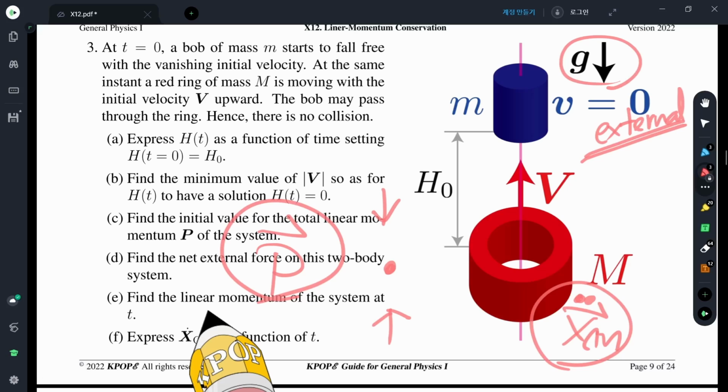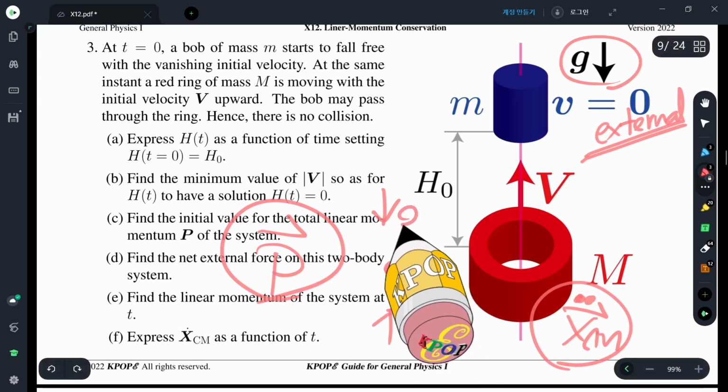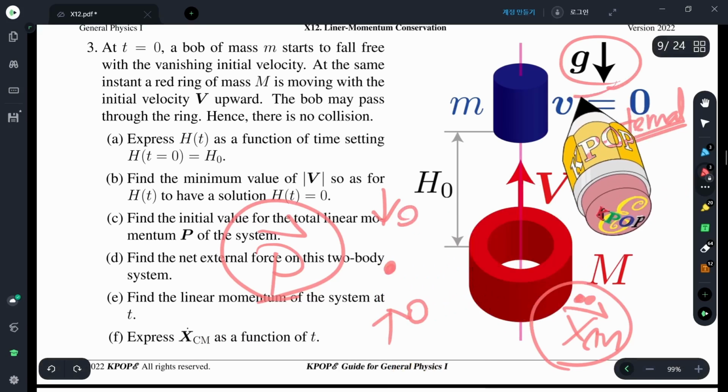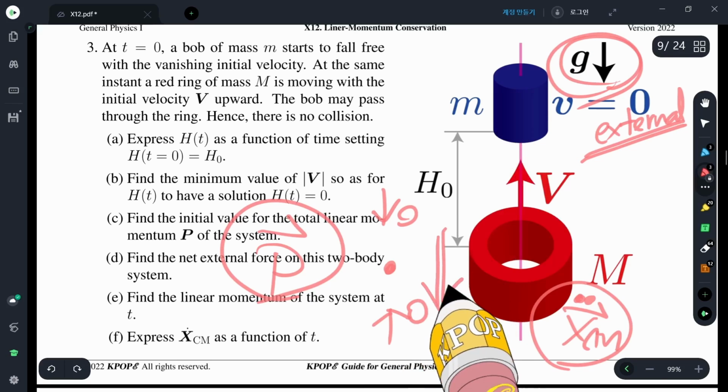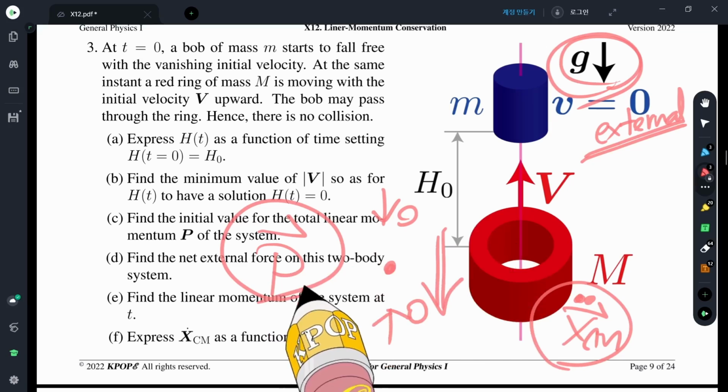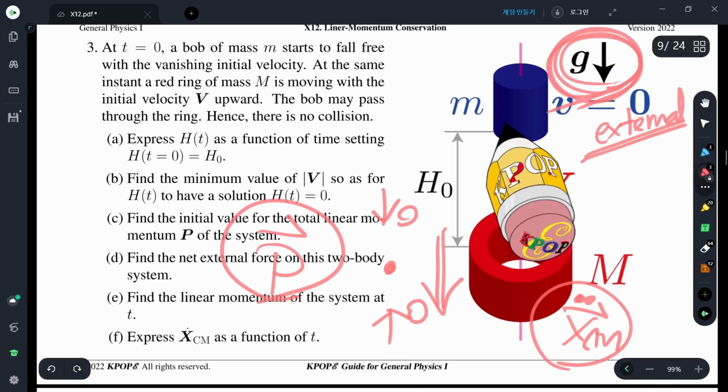And after that, the whole system, the two bodies all together, accepts the gravitational acceleration in a single direction. So in this system, total linear momentum is not conserved. However, total linear momentum can be computed in a very easy way because the center of mass accelerates due to the external force that is constant. Okay.